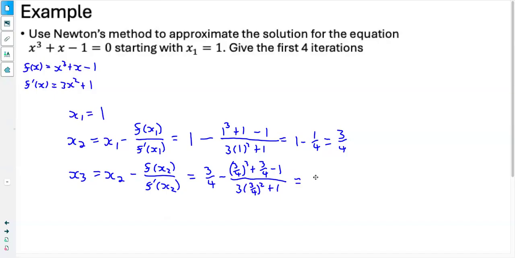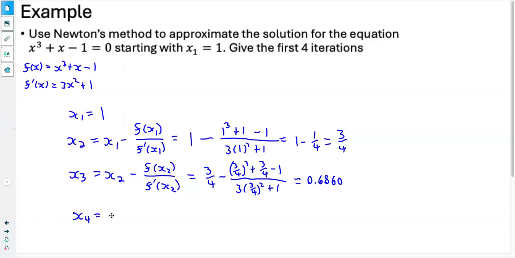This works out to 0.6860. In my calculator, I'll keep more decimal places than that, and I'll just use my calculator's answer function each time I'm substituting in, so I'm not losing decimal places.